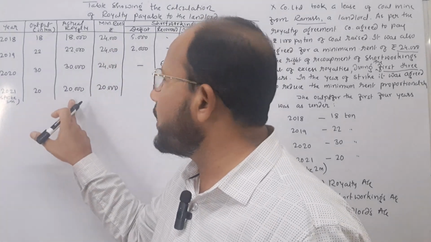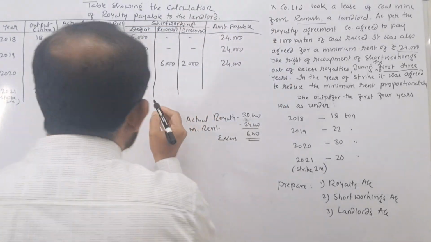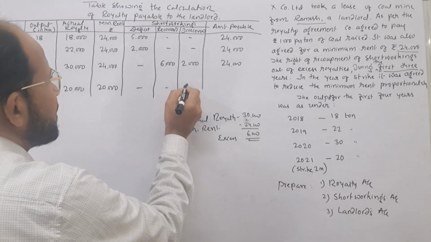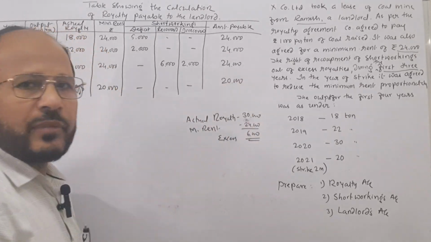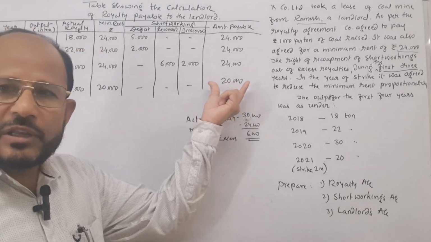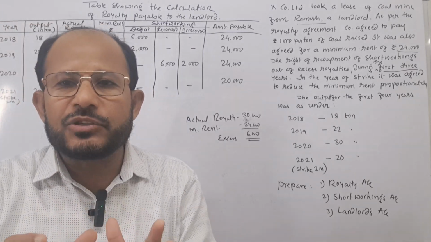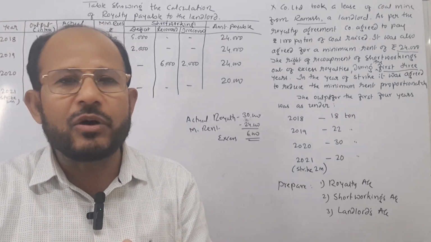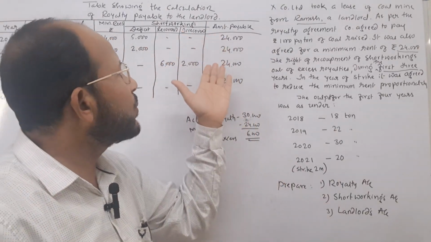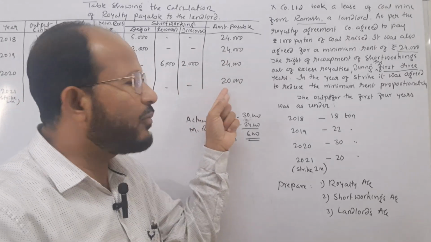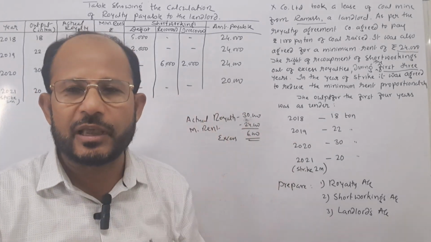Therefore, there is no deficit, and the amount payable to the landlord will be rupees 20,000 only. Only during the period of strike is this 20,000 taken, because in the other years there was no strike, so 24,000 is taken there. But in the fourth year, because of the strike period, minimum rent is reduced, therefore 20,000 is taken.